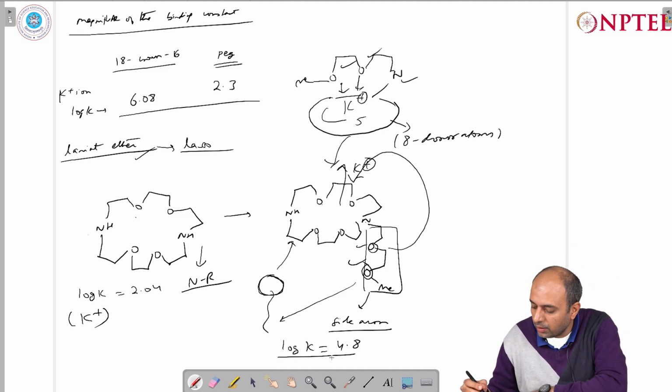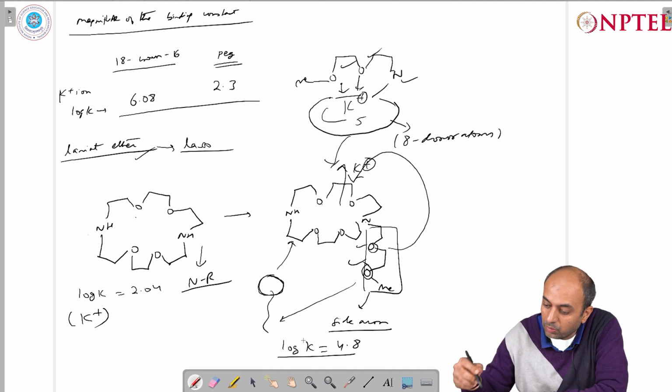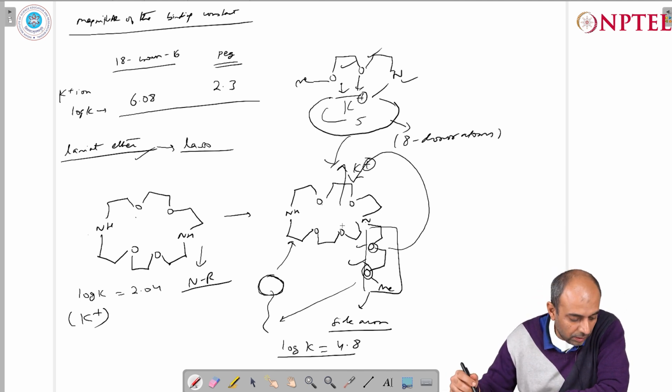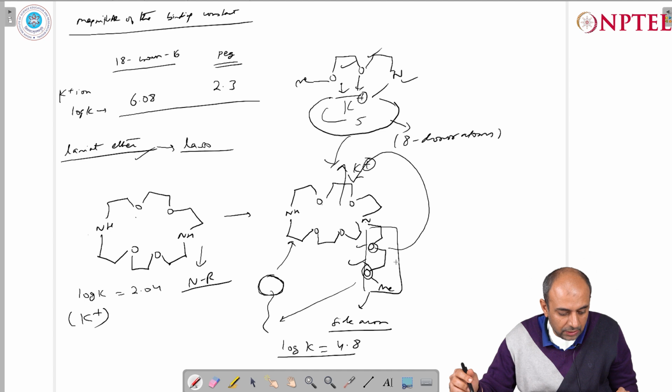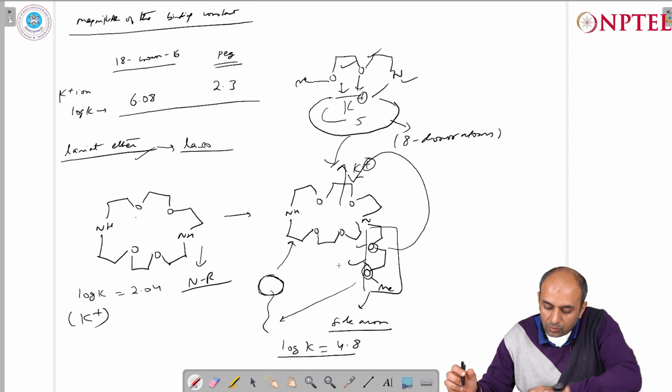The magnitude of the equilibrium constant is now more than double, keeping in mind the effect of modifying the NH group by the side chain. So these kinds of modifications can enhance the magnitude of the binding constant.